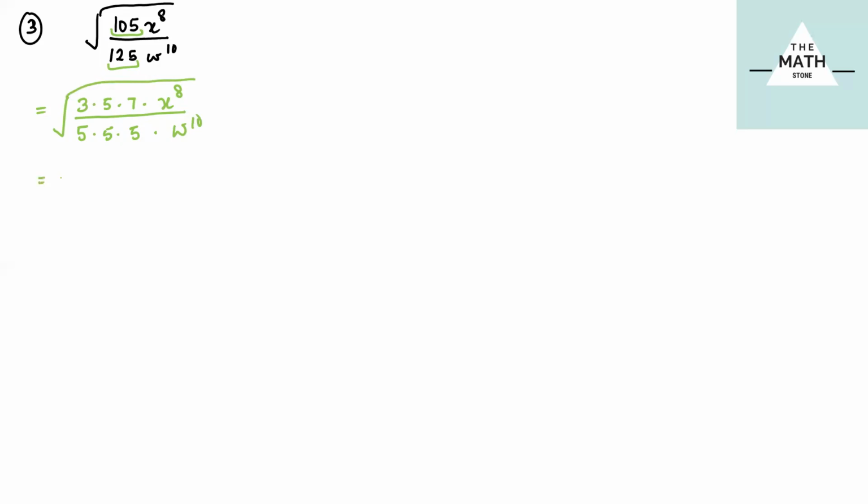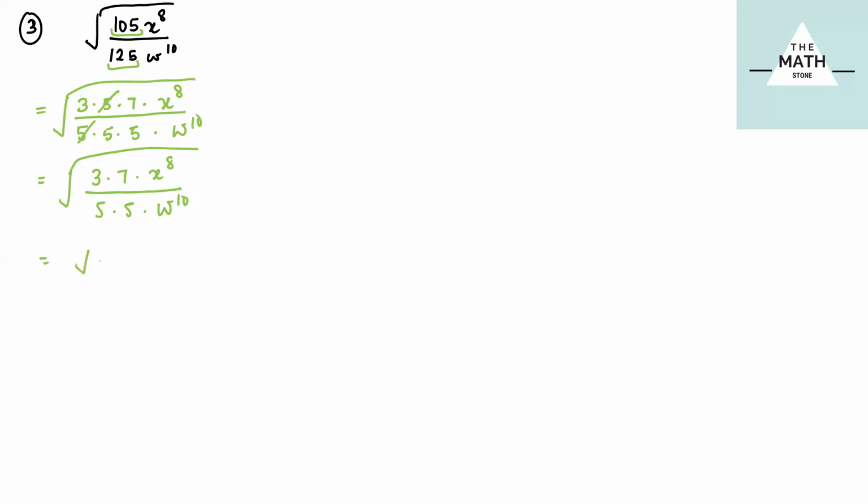Now in the next step, we will cancel the like terms. As you can see, this common factor 5 can be cancelled out. So we get square root of 3 times 7 times x raised to 8 over 5 times 5 times w raised to 10. Then I apply the division property.